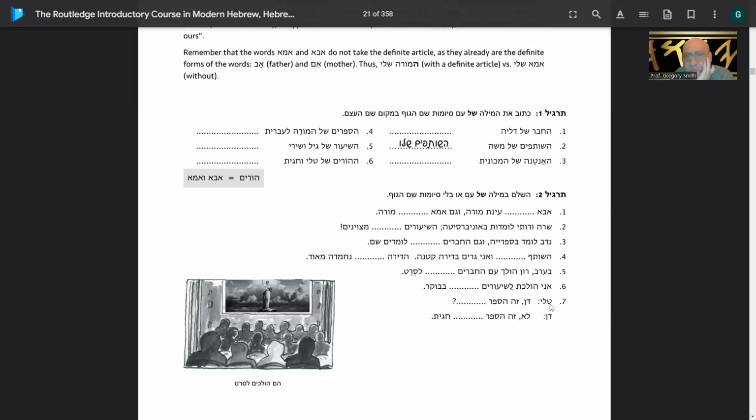Okay, we got three more here. Ani holechet, so I go. So this tells us that the ani is feminine. Holechet. La shi'urim, to the classes. I bet you that's to the classes. Or for lessons. לשיעורים. L'shi'urim.